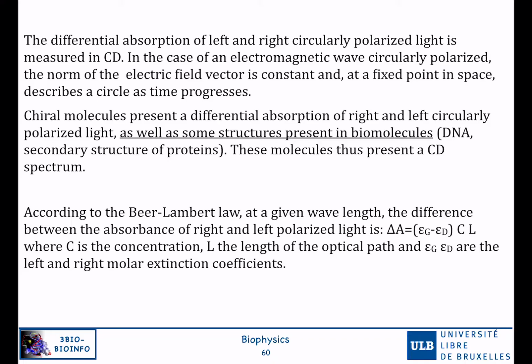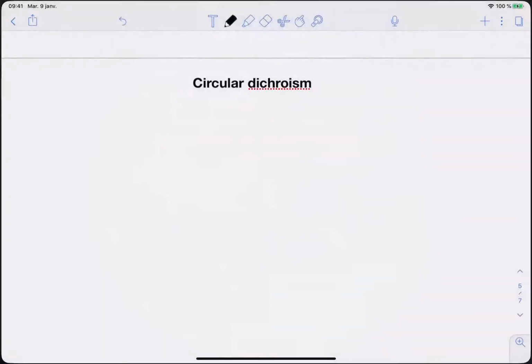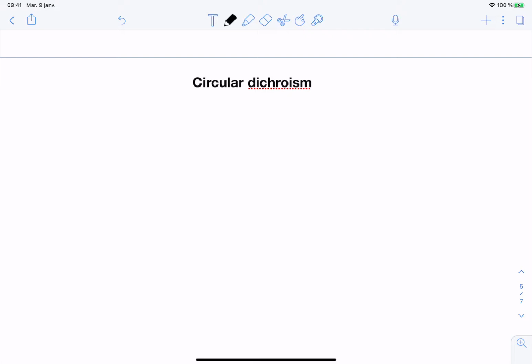So what do I mean when I say that I will polarize the light? In fact, you can see an electromagnetic wave as an oscillation of a magnetic field and of an electric field.